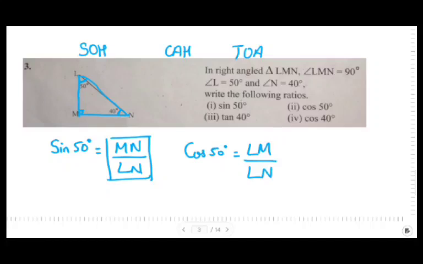Correct? This one. So for cos of 50, this one is adjacent, LM, and LN is the hypotenuse. Very easy.